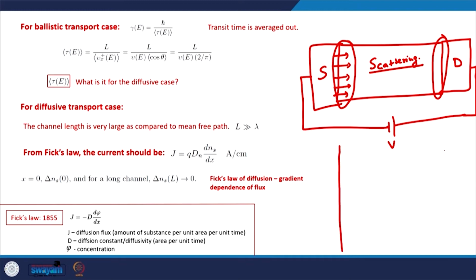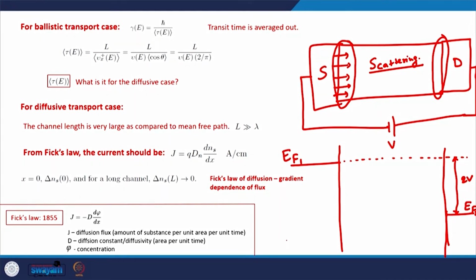In terms of energy levels, the Fermi levels of source and drain are EF1 and EF2 respectively, and when we have an applied voltage Q times V, there will be a difference between EF1 and EF2, and that will essentially make the source inject electrons into the channel.